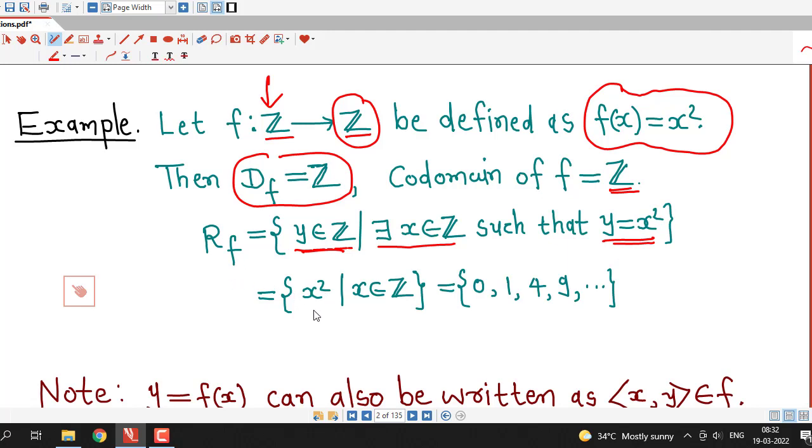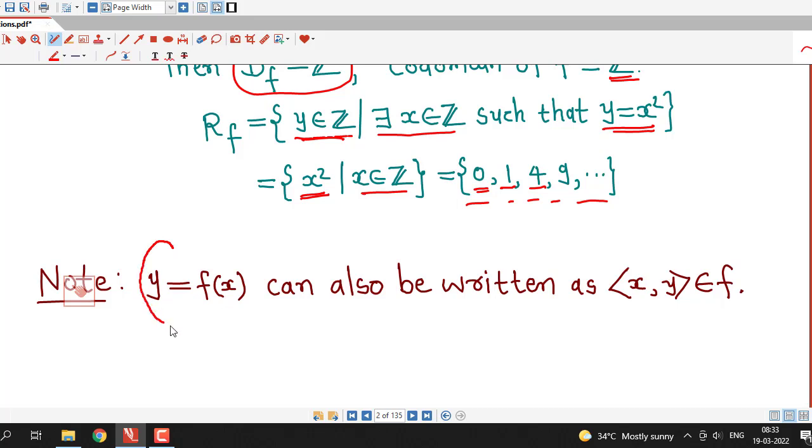That means the range of f will be squares of integers, x square such that x belongs to Z. For x = 0, its square is 0. For x = 1, it is 1. For x = 2, 4, and so on. So we obtain an infinite set here, which contains squares of integers.